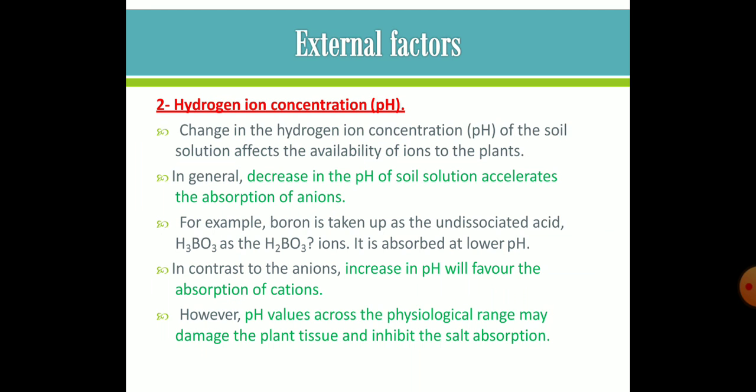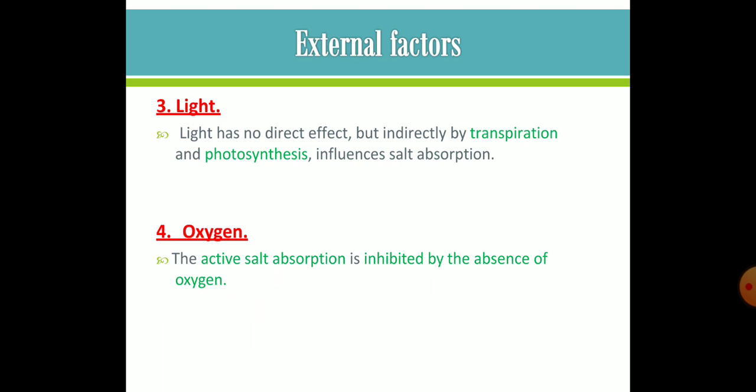An increase in pH favors the absorption of cations. However, pH values beyond the physiological range may damage the plant tissues and inhibit salt absorption. This is how pH affects mineral nutrient absorption as an external factor.